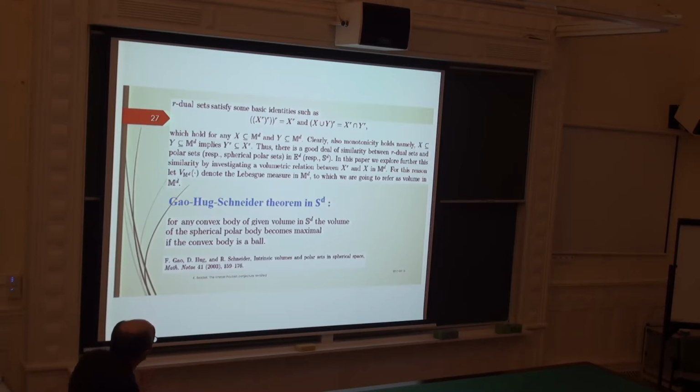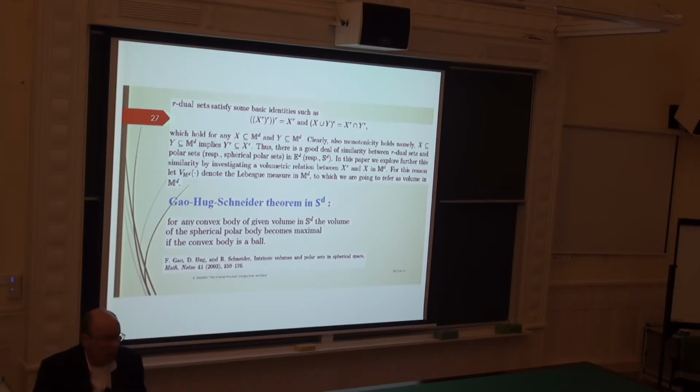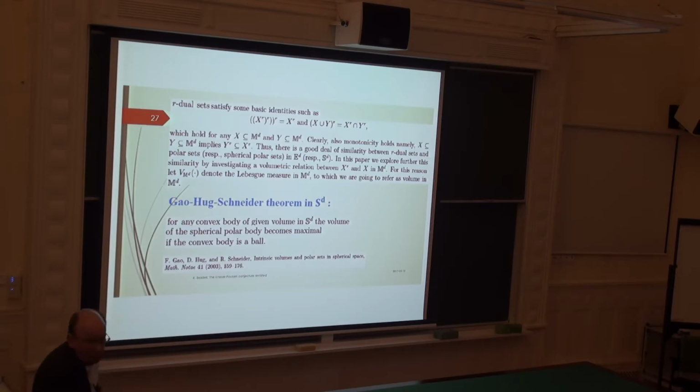So when you look at the properties that we have for r-duals, such as this one here, or the monotonicity that if X is a subset of Y, then Y^r is a subset of X^r, this reminds us of polarity. And so what I want to do is venture in this direction and say something volumetric on these r-duals.